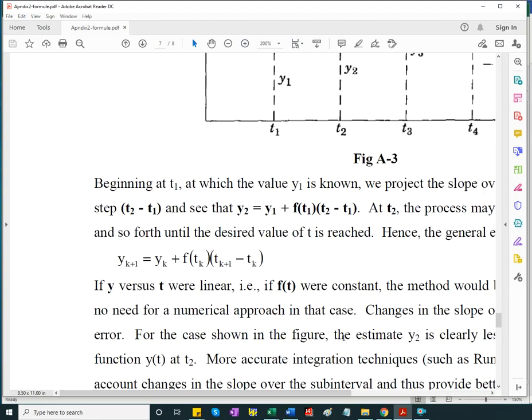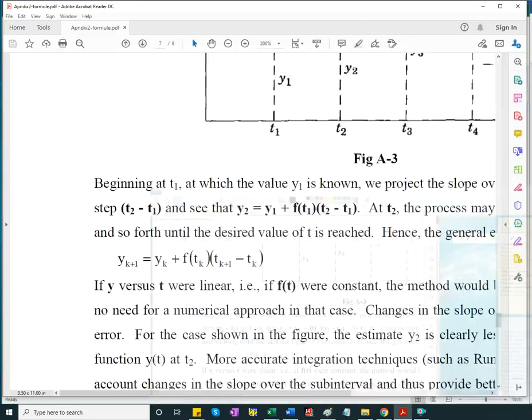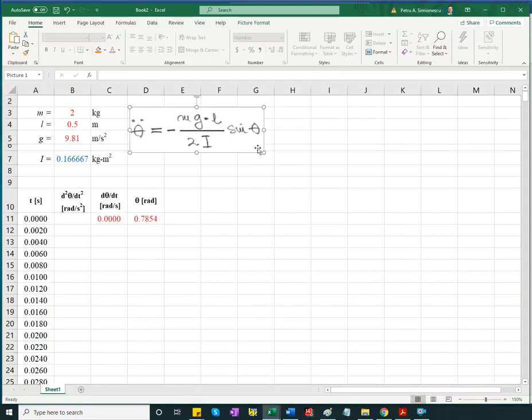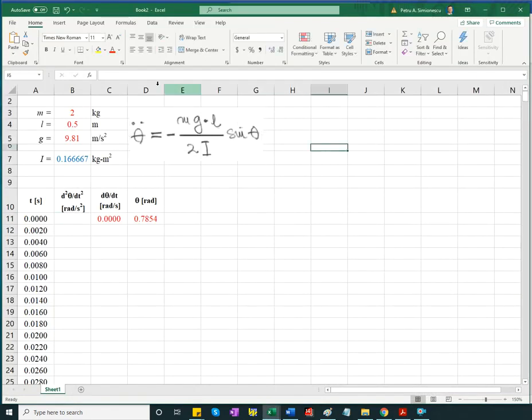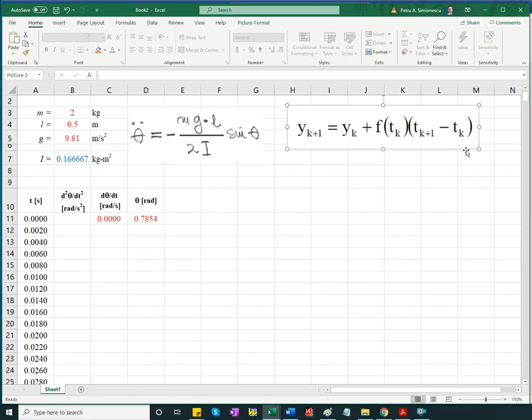So press the print screen, go to Paint, and I'm going to just copy this and have it as a reference. So this will go into the spreadsheet. I have the formula, equation of motion, and then this is the integration step, so that I can look at them as I'm writing the spreadsheet. Okay.